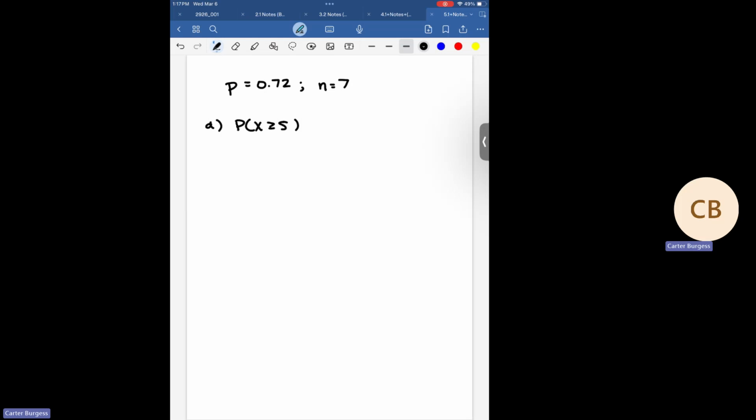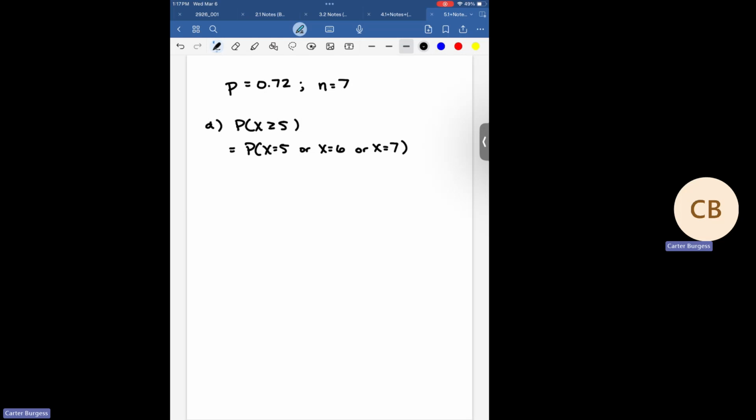So first and foremost, what does the at least 5, or 5 or more, translate to for our purposes? 5, 6, or 7. So this is the probability that either x is equal to 5, that we see 5 successes, or that we see 6 successes, or that we see 7 successes. Okay. What should I do with each of those probabilities if it's a bunch of OR statements?